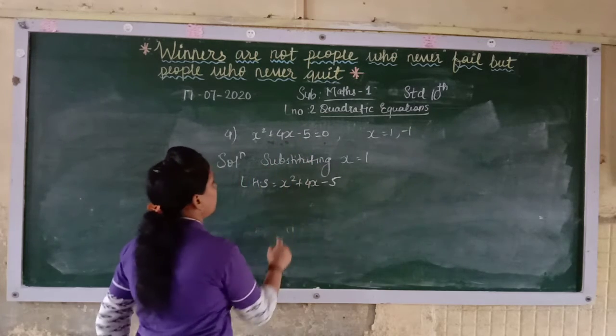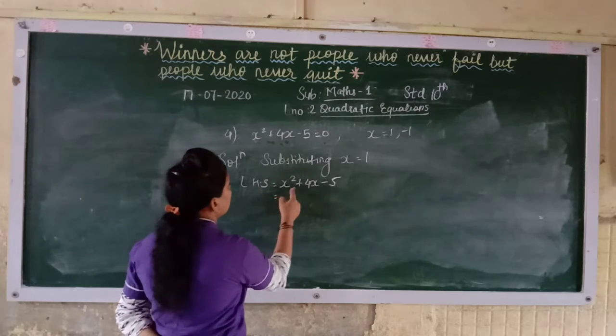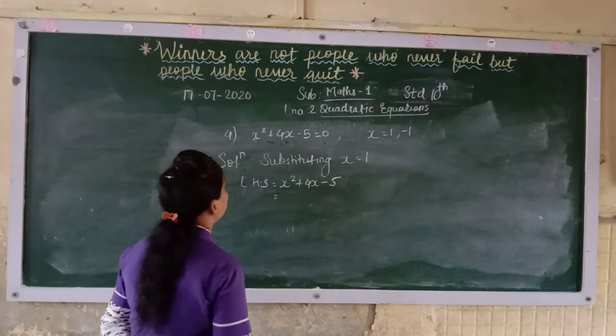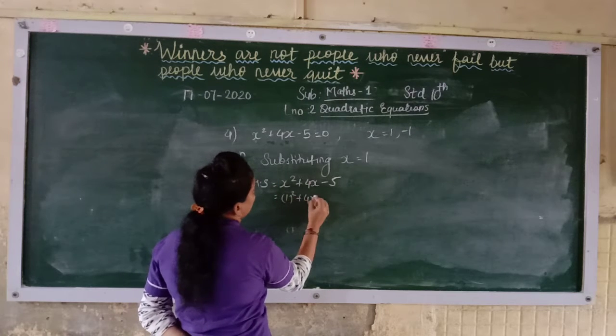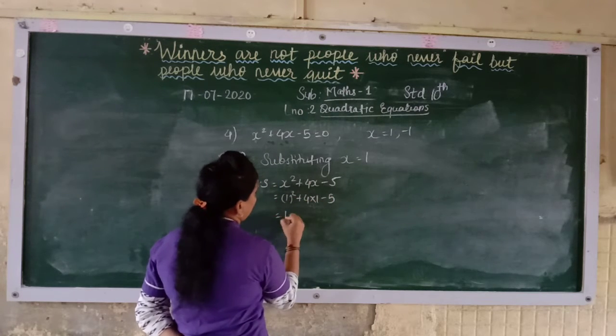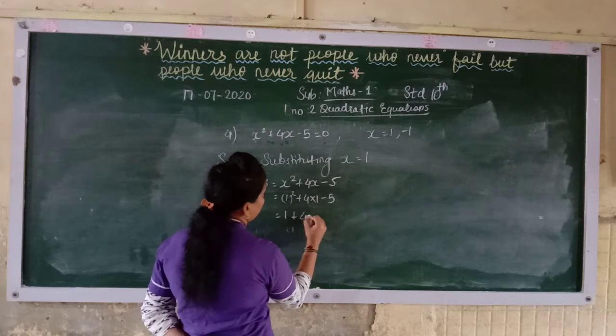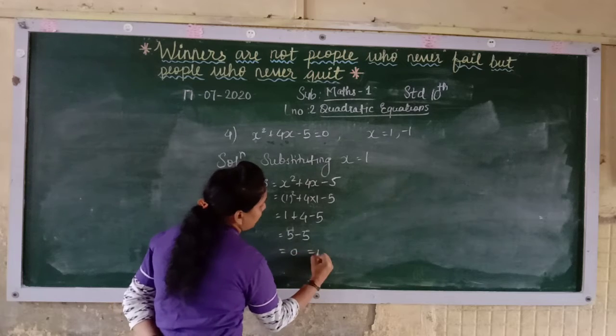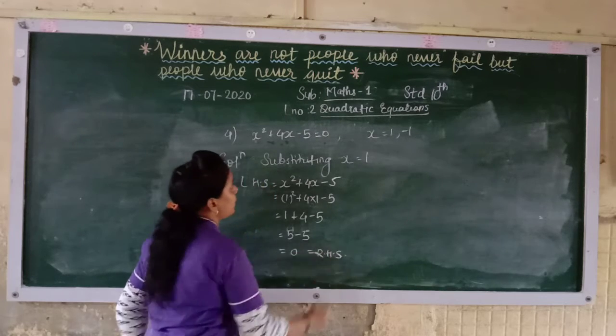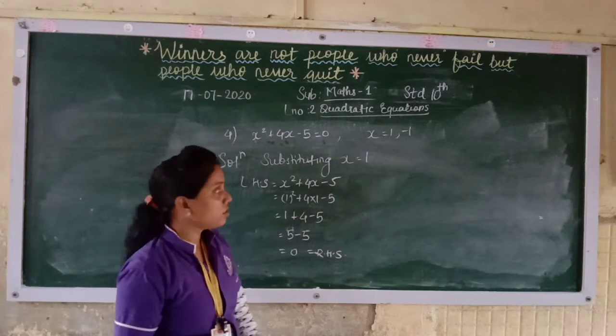Now here, if you are putting your x square, what will you get? 1 square plus 4 into 1 minus 5. 1 plus 4 minus 5, this is 5 minus 5 which is equal to 0, and then it is equal to the right hand side also because the right hand side is 0.